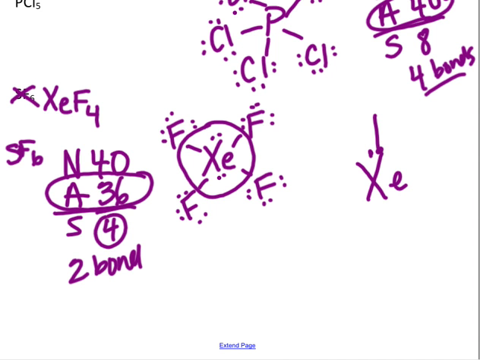Those 6 areas need to be distinguishable and separate. You can't be piling bonds and lone pairs on top of each other. So it's not me being like, oh, you're just sloppy. There's literally a reason that you need to place your stuff around the central atom very distinctly and very neatly.